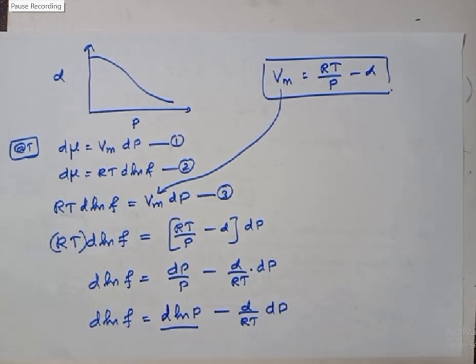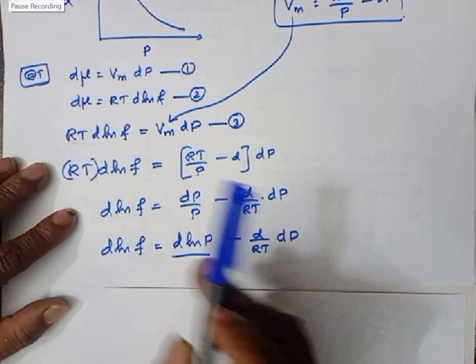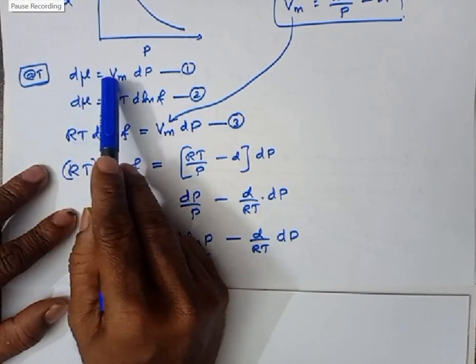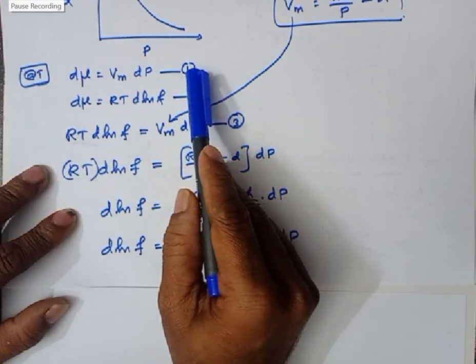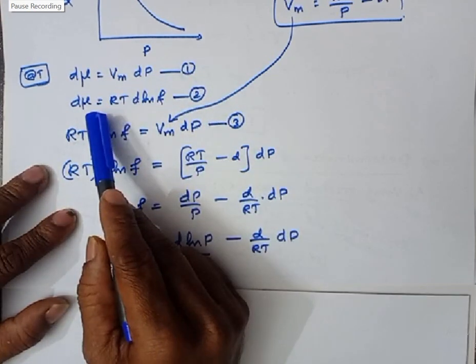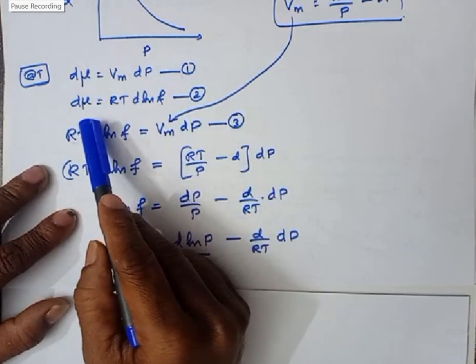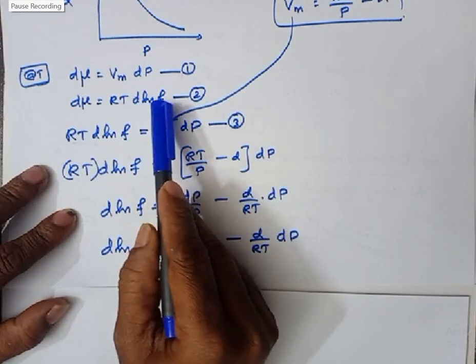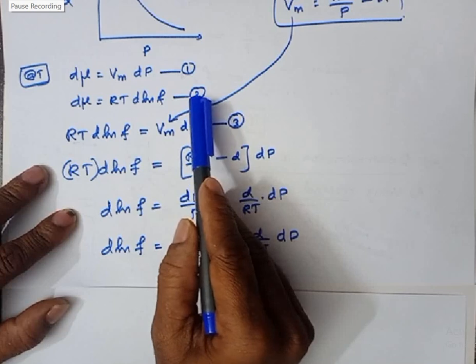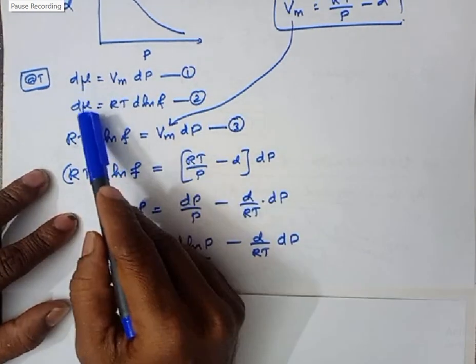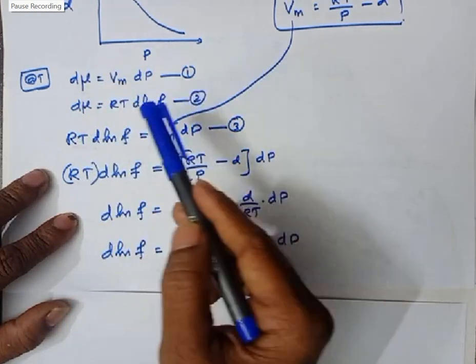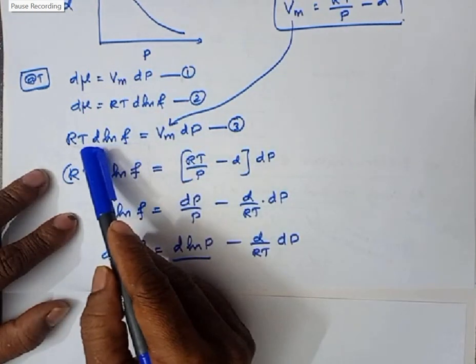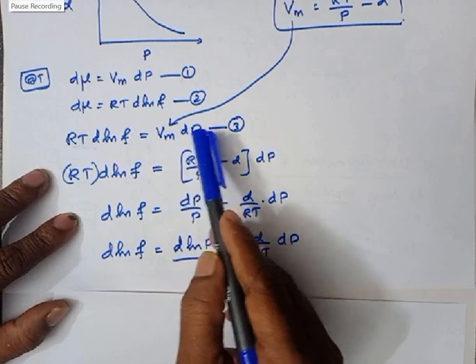Okay, we'll continue. Take note. Listen. This you know already, d mu equal to Vm into dP at constant temperature. Take this as equation number 1. You also know that for a real gas, d mu equal to RT into d ln F. Take this as equation number 2. Both left hand sides are equal, therefore the right hand sides should be equal. So I am equating the two right hand sides. RT into d ln F equal to Vm into dP.